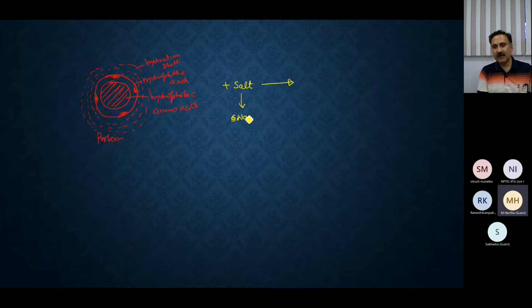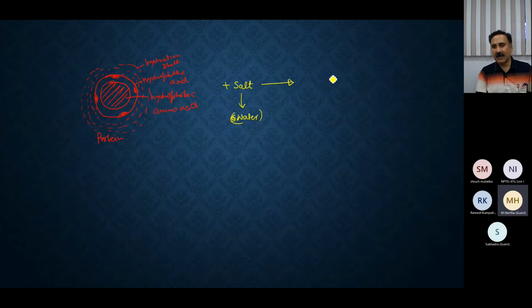So we have multiple layers of hydration shell outside the outer layer of the protein. This hydration shell is nothing but the water layer. Now, if you add salt, salt has more solubility in water, so salt has more affinity for water compared to the protein.